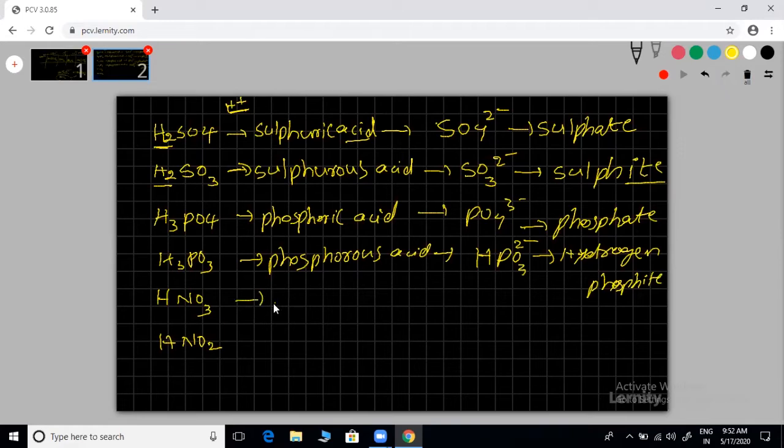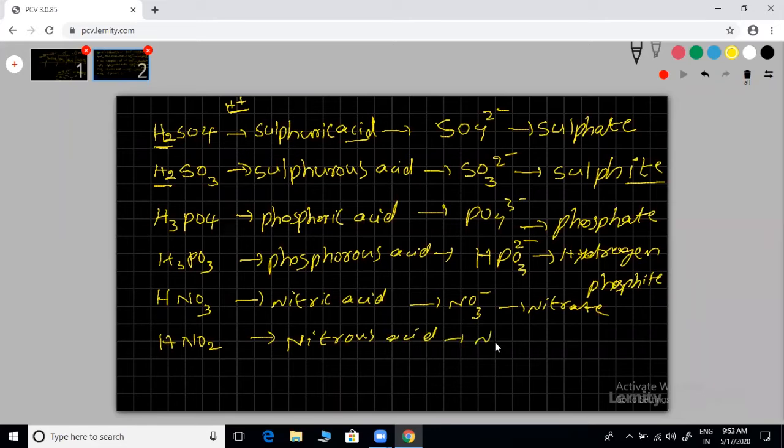Here, nitric acid. Now what will you get here? NO3 minus. What is the name? Nitrate. Here, nitrous acid. This is NO2 minus, nitrite. One point, anything you observe here, a common point? Try to find.